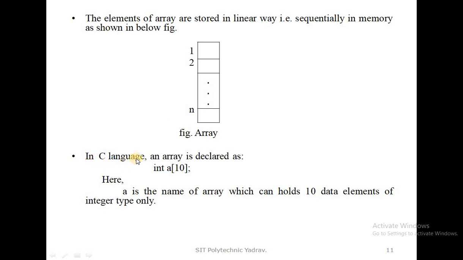In C language, an array is declared as int a[10]. Here a is the name of the array which can hold 10 data elements of integer type. Means the maximum 10 elements are stored in a variable of type integer.